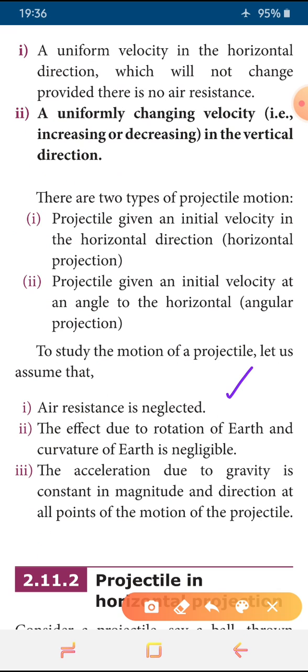Then acceleration due to gravity is constant in magnitude and direction at all points of the motion of the projectile. Okay, these three. So the acceleration means it is moving under gravity, and that only we are considering as constant throughout the motion of the projectile. All these three are kept in mind while calculating the projectile motion.